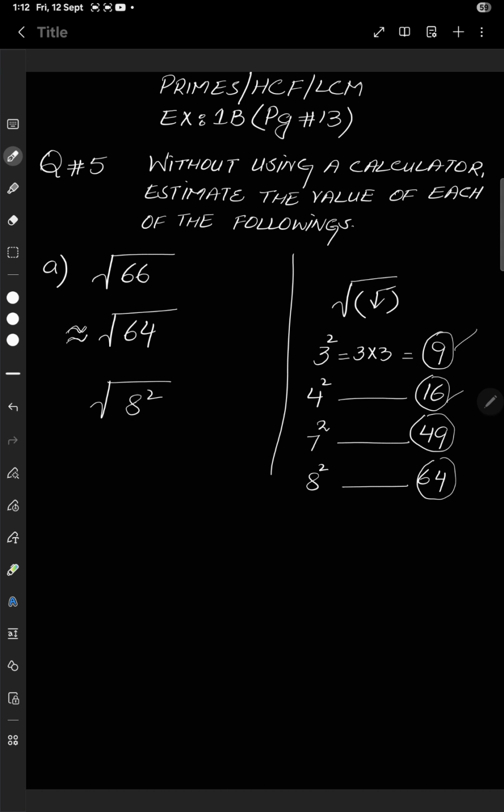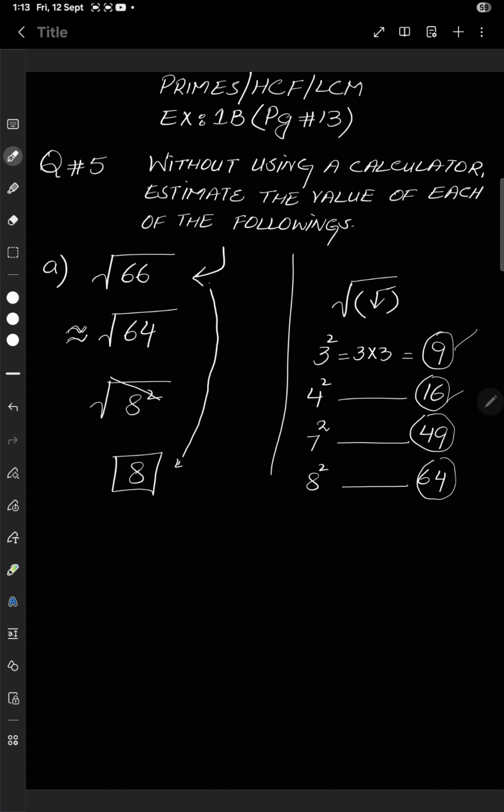As I mentioned before, the number inside a square root should be a square, so that the square root can remove the square. When the square root removes the square, the answer will be 8. This 8 means that if we take the square root of 66 by using a calculator, the answer will be near 8.